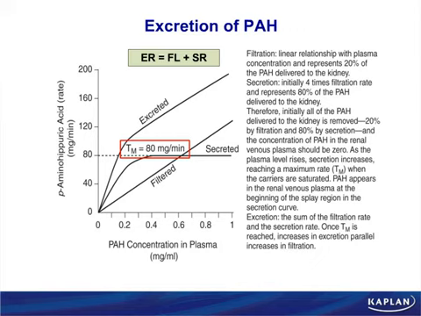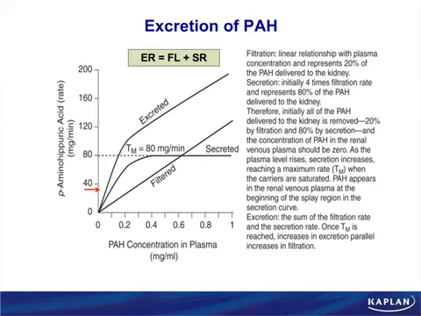Now, the excretion rate. Notice at low concentrations of PAH how steep the curve is for excretion rate. That's because at low concentrations of PAH, both the filtered load and the secretion rate are increasing as you increase the plasma concentration of PAH.